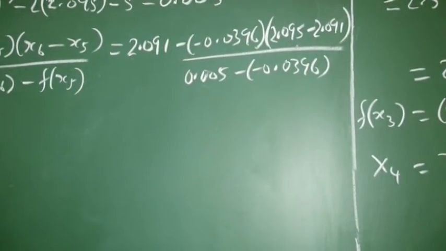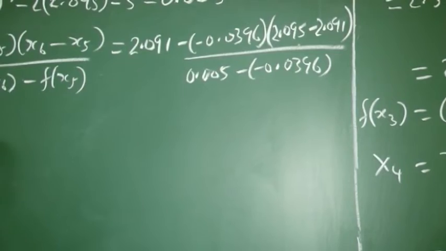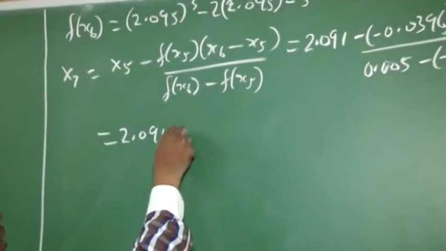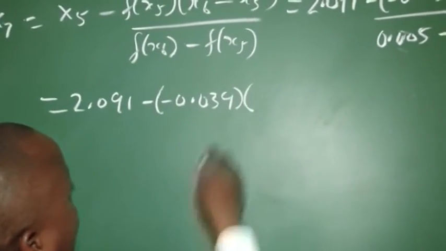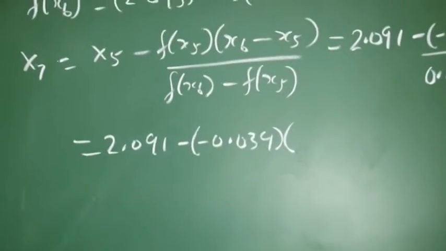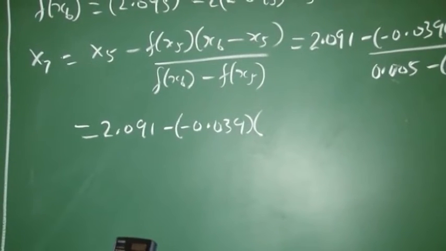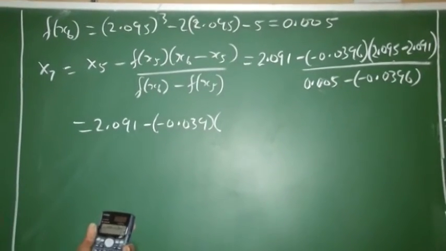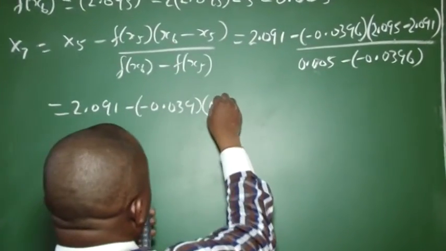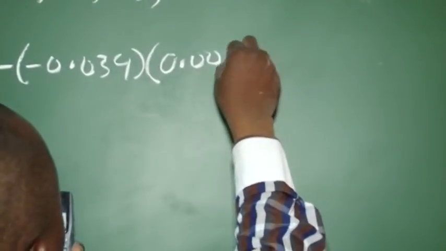So that will give us 2.091 minus 0.039, then 2.095 minus 2.091 will give us 0.004.